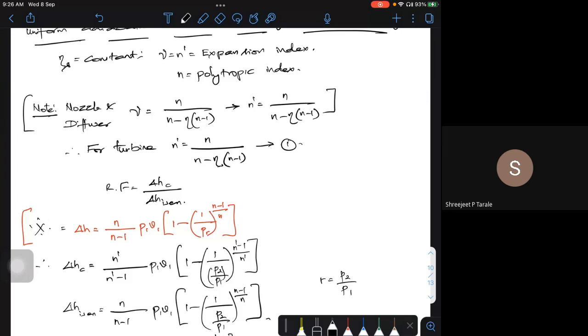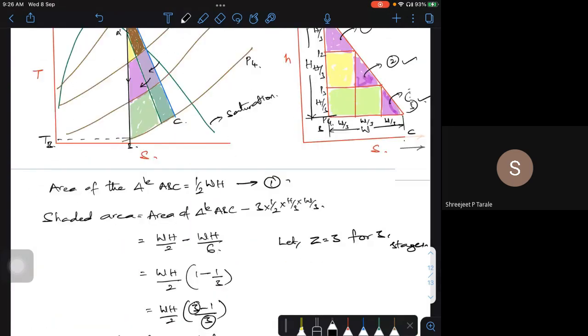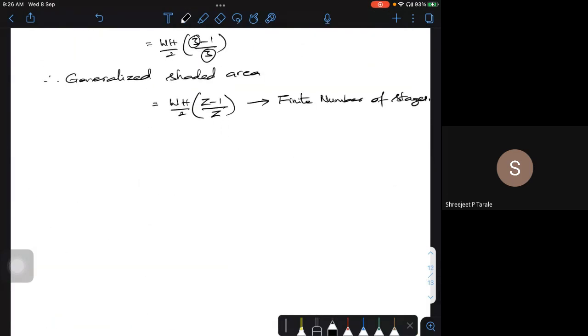Now, if you closely observe, what is your delta HC? You are trying to do more work here. I can write a reheat factor for an infinite number of stages.